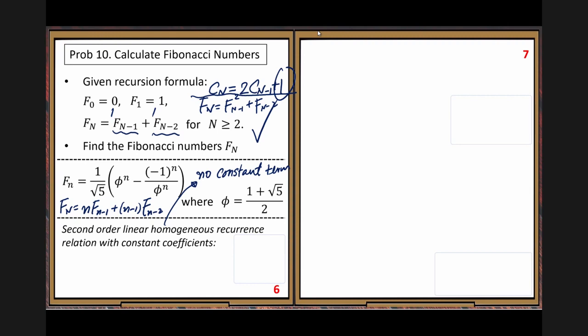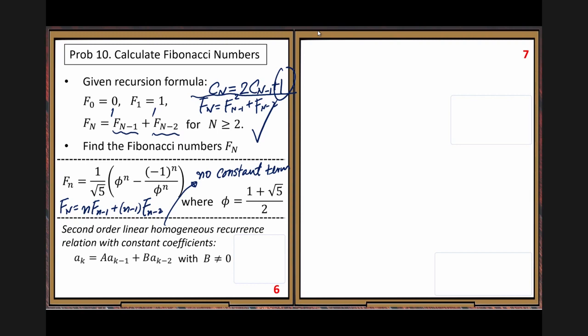Second order linear homogeneous recurrence relation with constant coefficients. Next, we solve it. The general form is like this, with capital A and capital B as constant coefficients. Not necessarily 1, they could be any constant. But B cannot be 0, otherwise it becomes the first order.